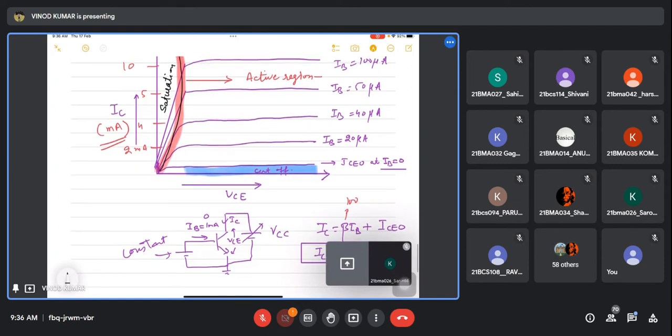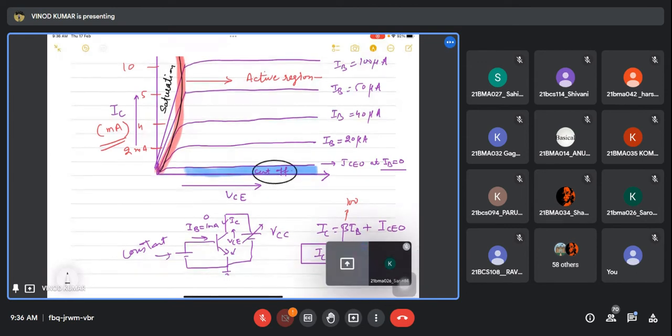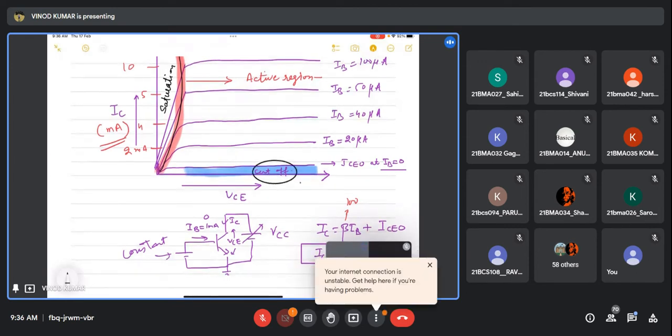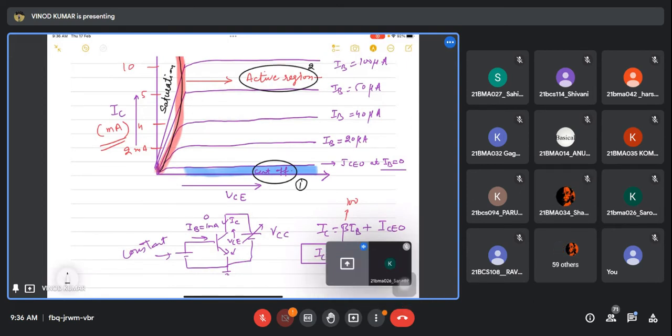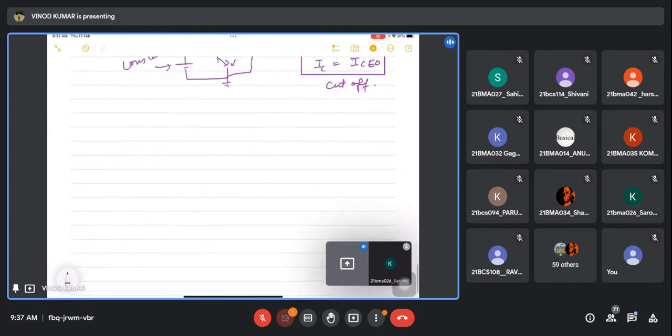Now the thing is that we have this one region here, cutoff. This is region 2, and this is region 3. This is the third region. Sorry. So we have 3 regions: cutoff, active, and saturation.